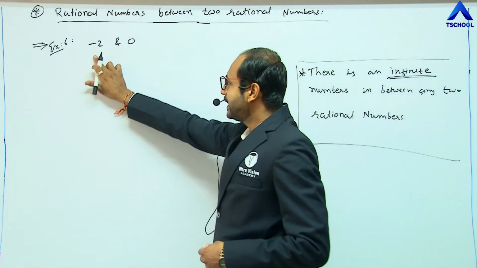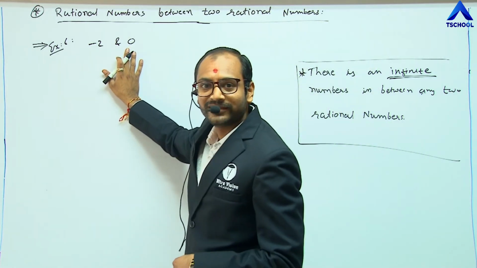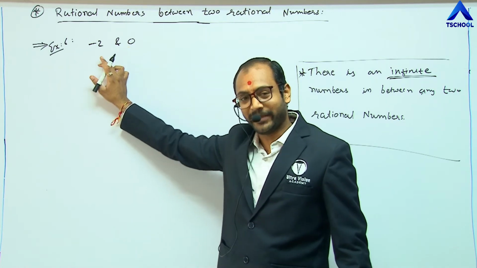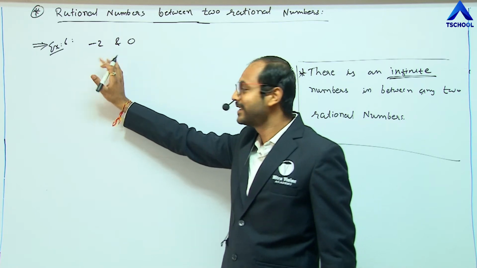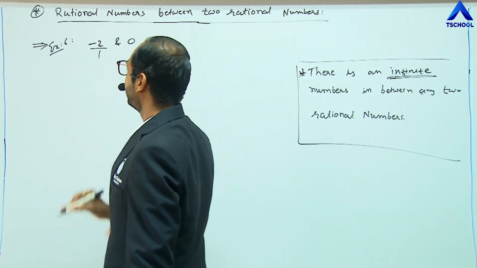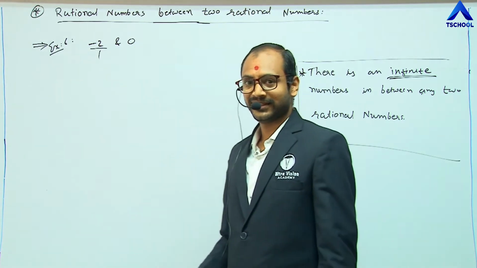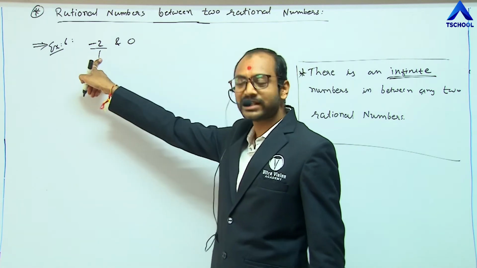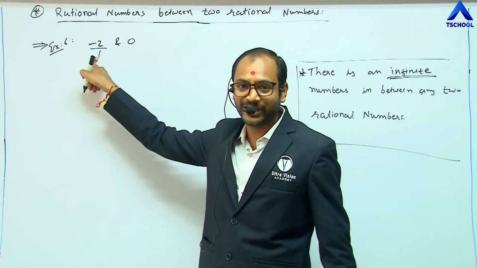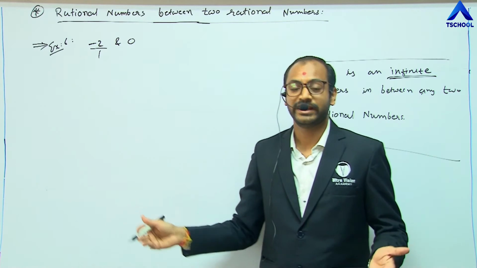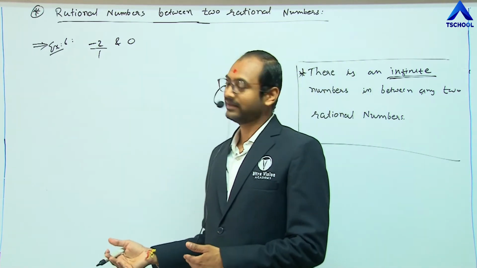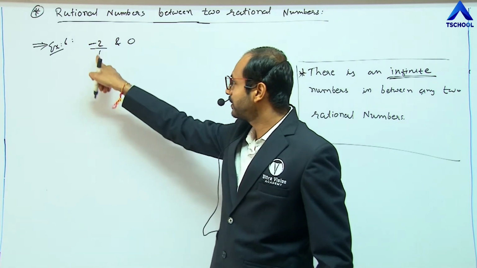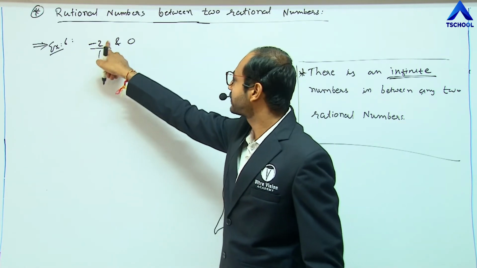First of all, are both numbers rational or not? Is -2 rational or not? Yes, because we can write it as -2 by 1. It is also a rational number, because in the denominator there is 1, and in multiplication and division, 1 is the identity.